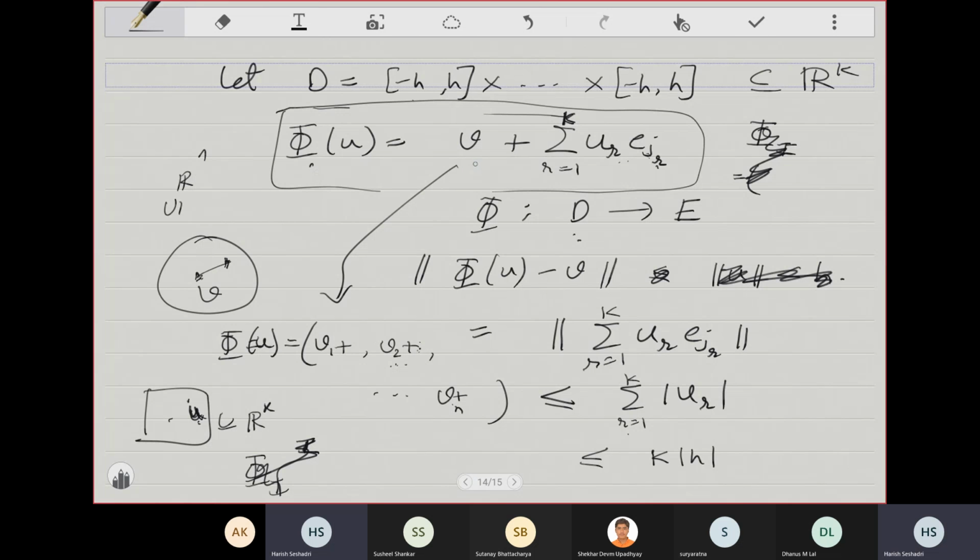The way we came up with it, we ensured that all the other Jacobians are 0 and one is 1. By the way, this is not the only way to do it. There are other simple-minded ways of coming up with this phi, which will give the same conclusion.